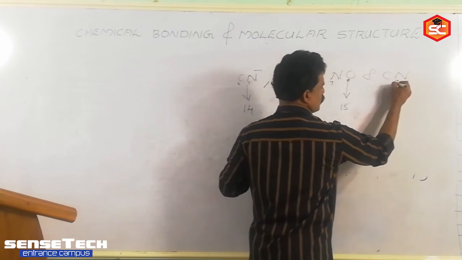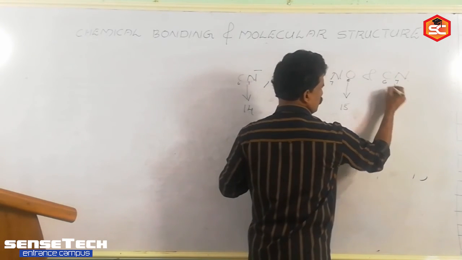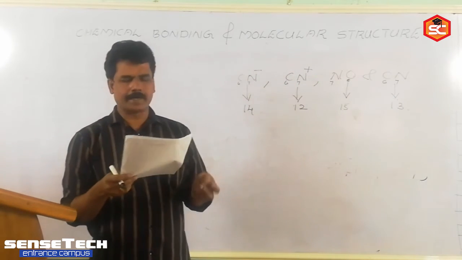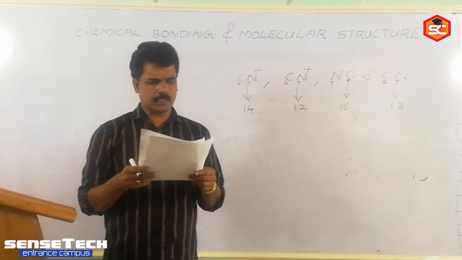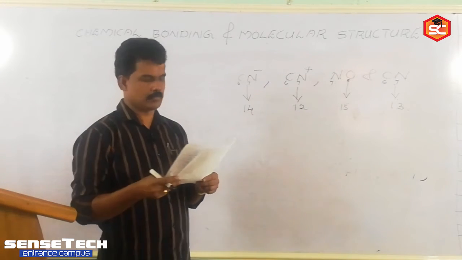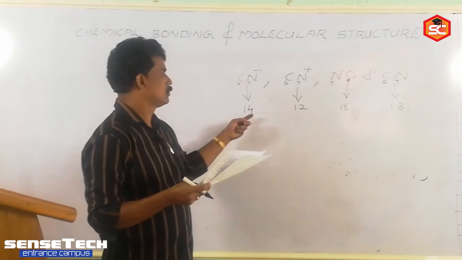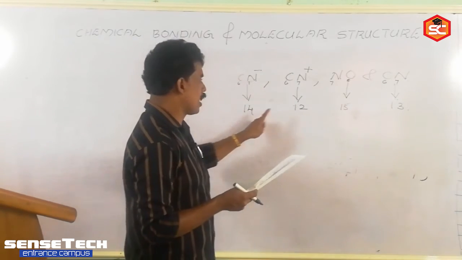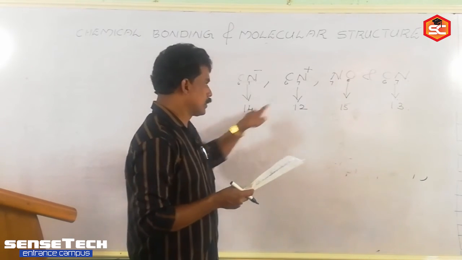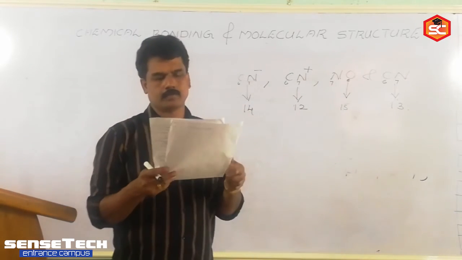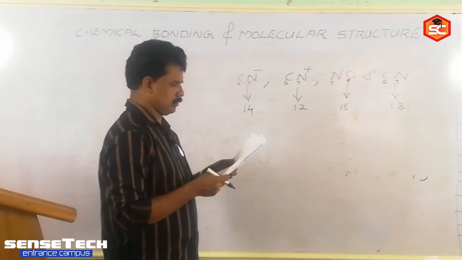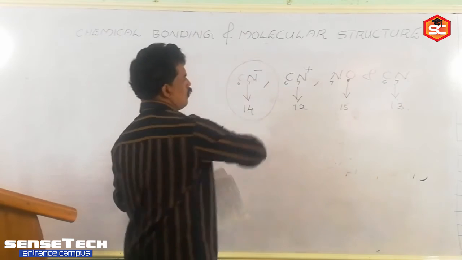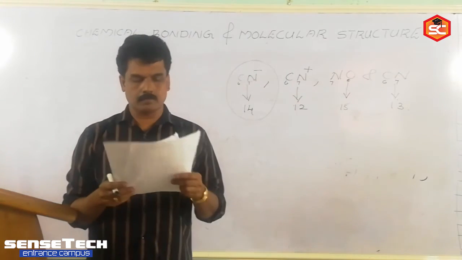CN is 13. So based on that, write the bond order. Which one has the highest bond order? CN minus. You noted the electron counts 12, 14, 13, 15. What will be the bond order? So the correct option you are getting is CN minus. With 14 electrons, the bond order will be 3.